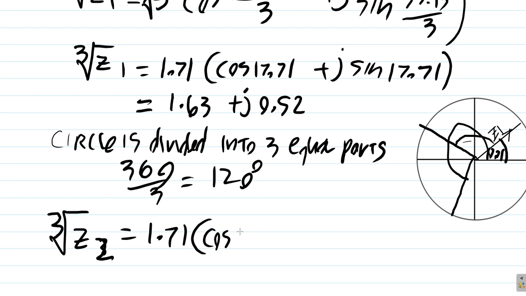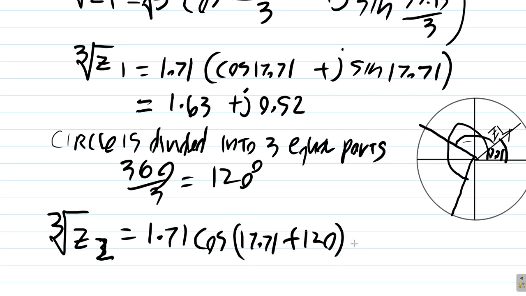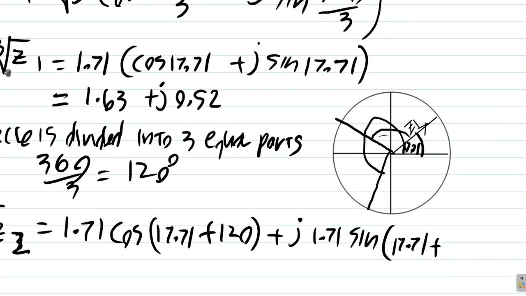cos. I had used a bracket. Let me not use a bracket for this one. Cos 17.71 plus 360 over 3, which is plus 120. So we need to rotate, plus j 1.71 sine 17.71 plus 120 degrees.